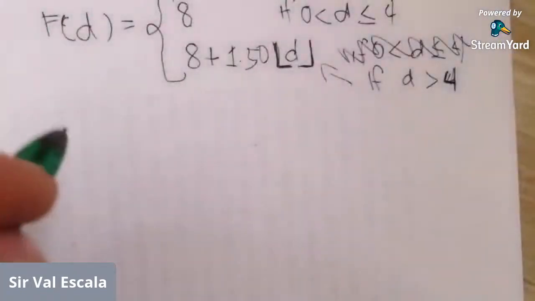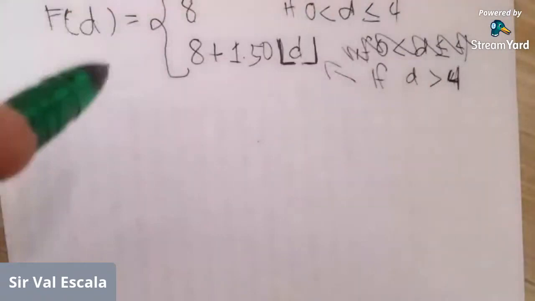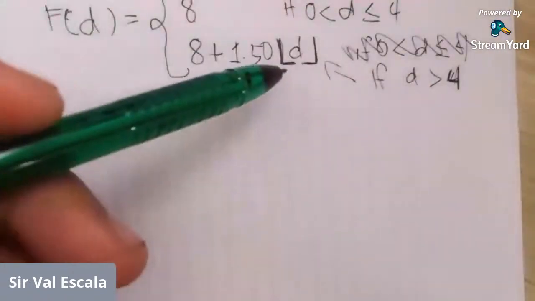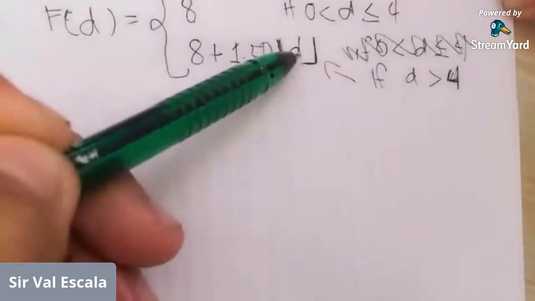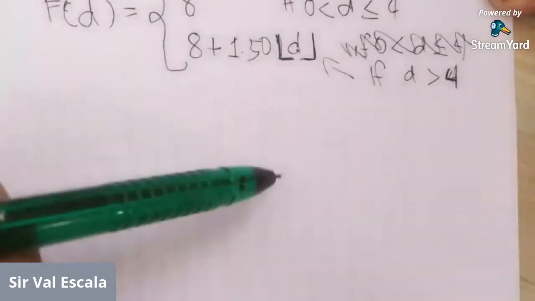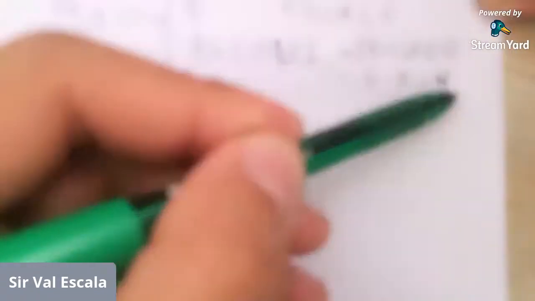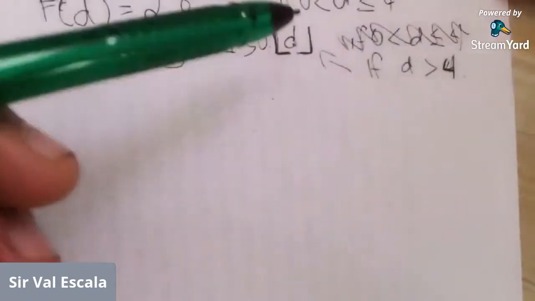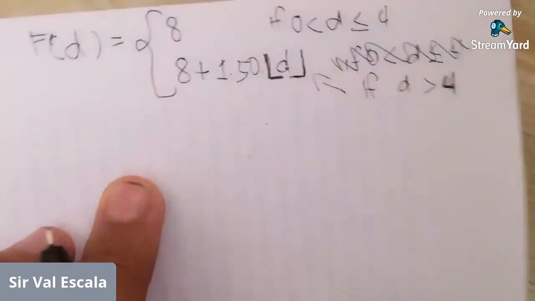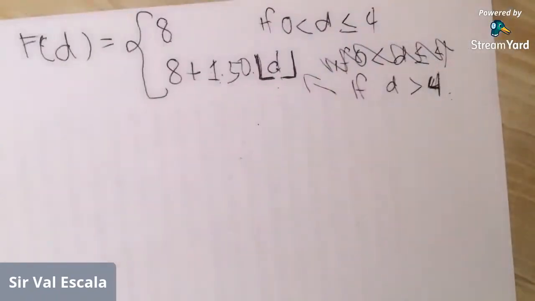Kunwari, 0.5 lang yung excess, 8 pesos pa rin yung singil. Pero pag yung naging 5 na, ilalagay natin sa d kung ilan yung excess. Kunwari, 5 kilometers na. Ang excess niyan is 1. So, kaya 1.50 times d. Okay? So, ayan yung ating sagot sa ating example.